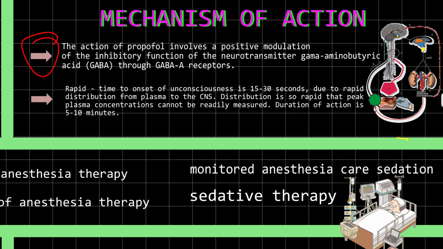It binds to, or it inhibits the function of, our neurotransmitter, which is your GABA, through GABA A receptors. So by blocking the neurotransmitter, which is your GABA, you will inhibit the GABA A receptors.